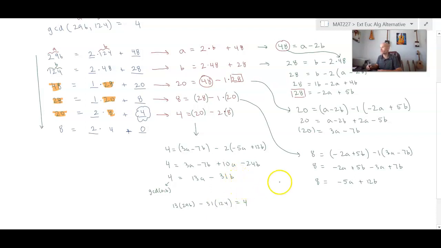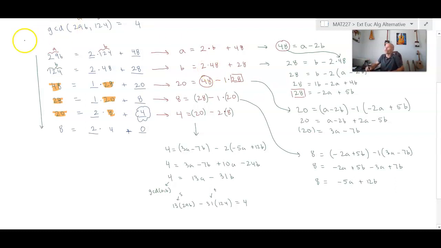So 13 is my value of S, and negative 31 is my value of T. That is a very algebraic way to go about doing this without having to worry too much about what it is that we're keeping track of, because we get to use substitutions, and then when we're combining like terms, we don't have to worry about accidentally combining things and multiplying things out that we weren't supposed to, because there's only so far we can go with having terms containing A and terms containing B.